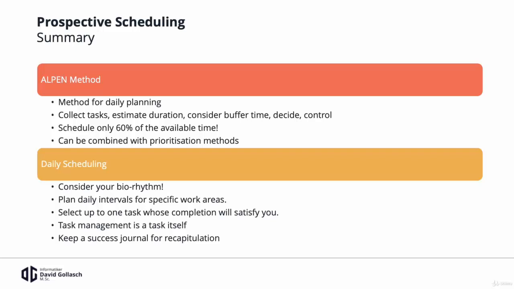It's as well helpful to keep up a success journal, just to keep up your own motivation by taking down all those successful moments that you have during the day.